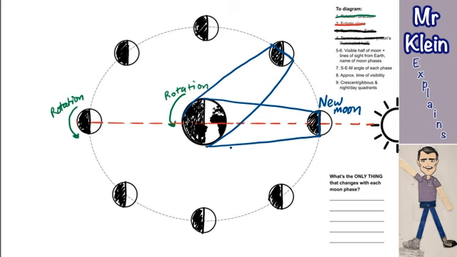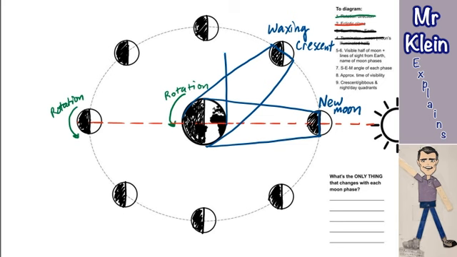Let's see, the half of the moon that's visible from Earth, most of it is in shadow in a waxing crescent. And so only that little pizza slice there, that small, it's a crescent. That's the only part of the moon that is visible from Earth when the moon is in that position of its orbit.